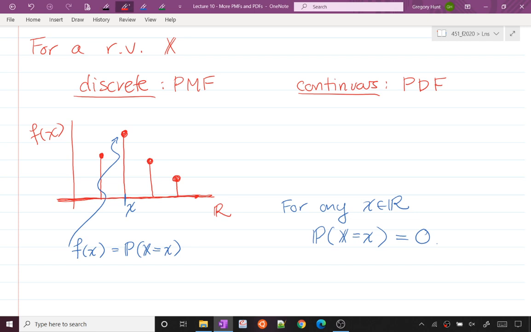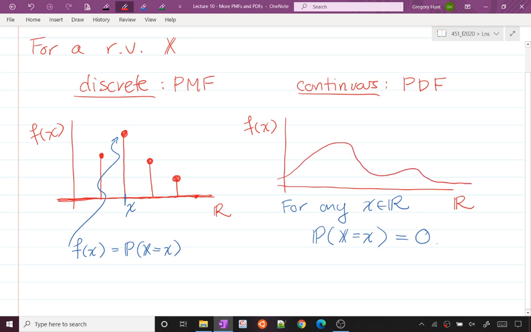So I think a plot here is informative, and we again use analogous notation where little f denotes my PDF, and I can plot little f against my real line. Instead of being this stick plot where it's non-zero for a discrete number of points, now we have some smooth continuous function.